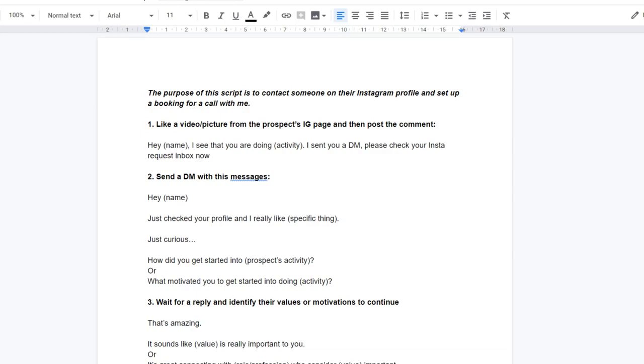Let's understand the process. First of all, the purpose of this script is to contact someone on their Instagram profile and set up a booking call with me. This is a script that I've done for myself. I've used this, I've tested it, it works.